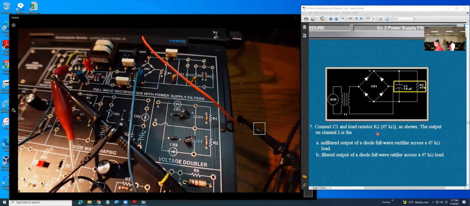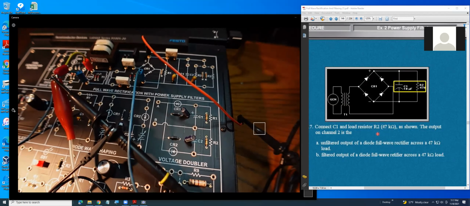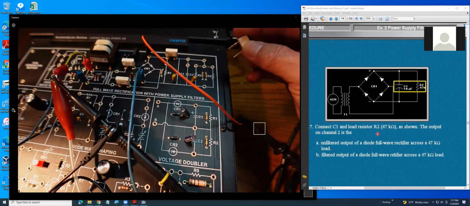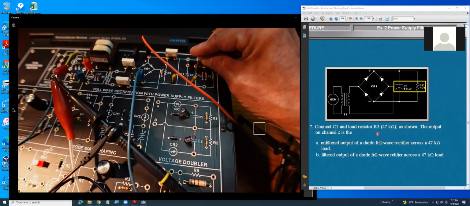The capacitor charges up, and then when it gets fully charged, the resistor is used to discharge.